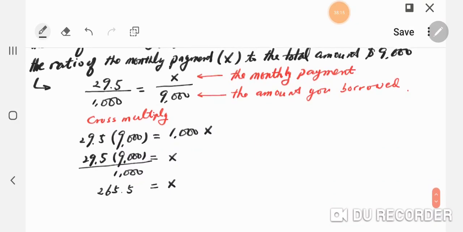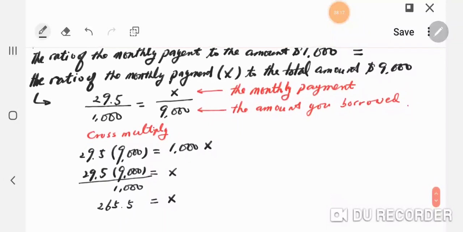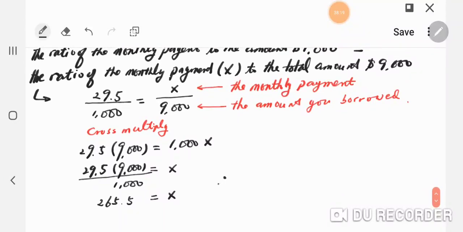So X is the monthly payment, which will be $265.5. So if you borrow $9,000, then you need to pay $265.5 every month.